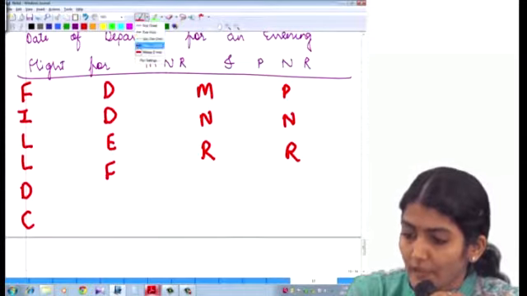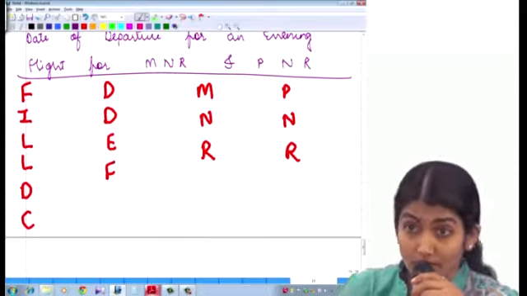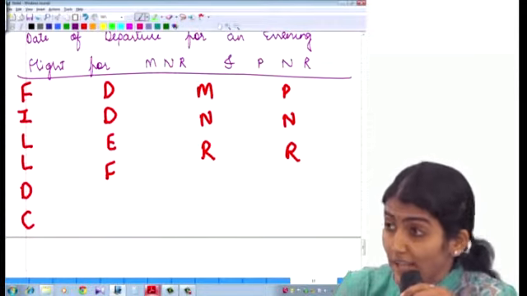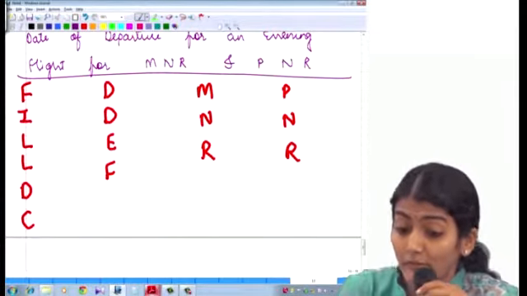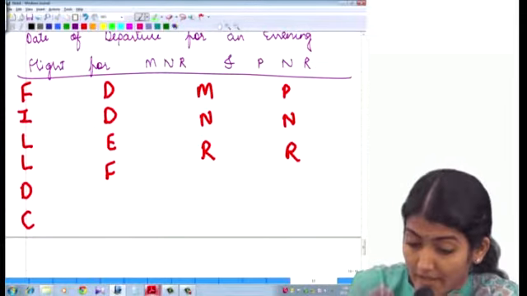Did you understand? Fill in the columns for the date of arrival and date of departure for an evening flight for MNR and PNR.